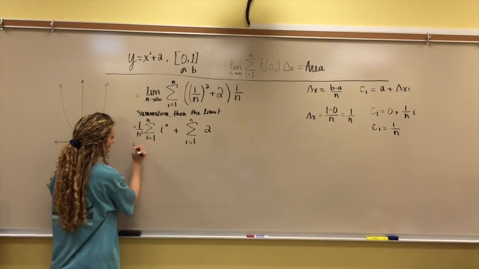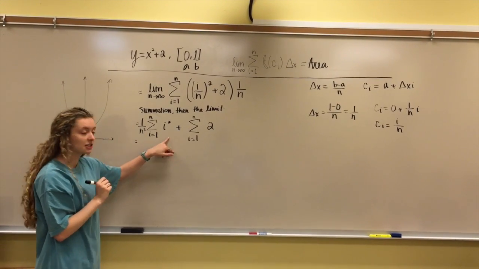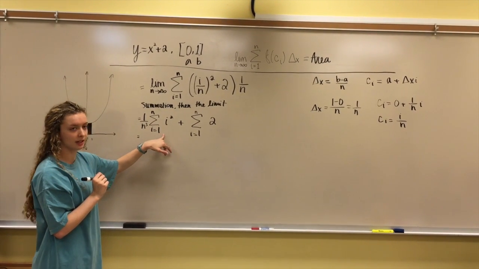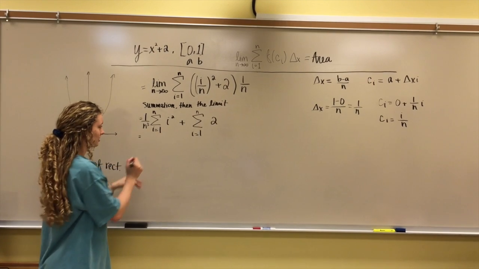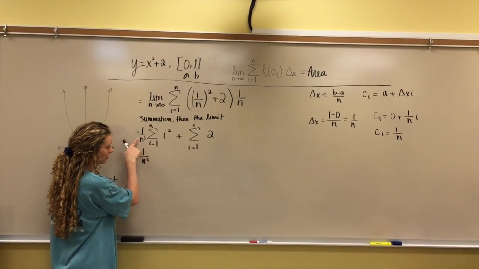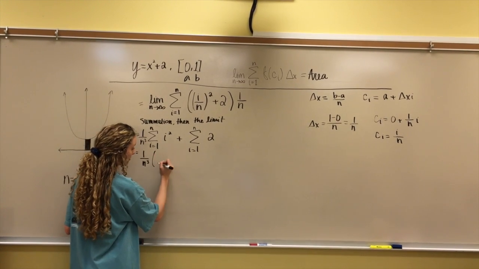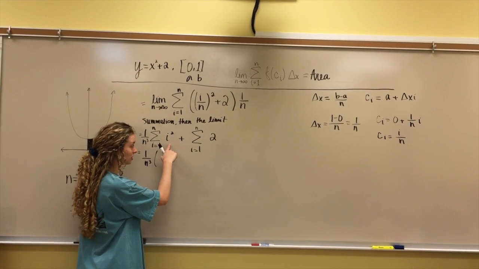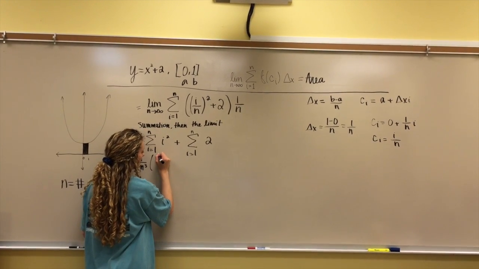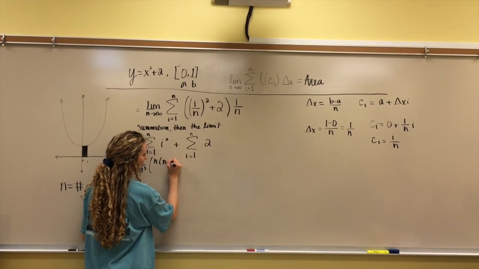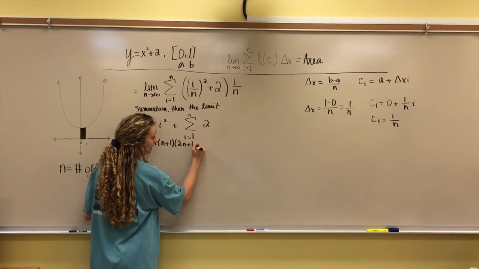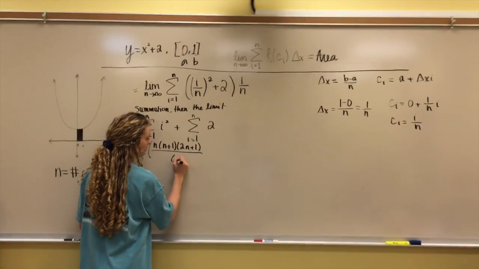And so we're going to be using summation formulas to replace the summation of i squared. So it's going to be 1 over n cubed, which we're pulling up from right here, times the summation formula, which has already been given to us, which is n times n plus 1 times 2n plus 1 all over 6.